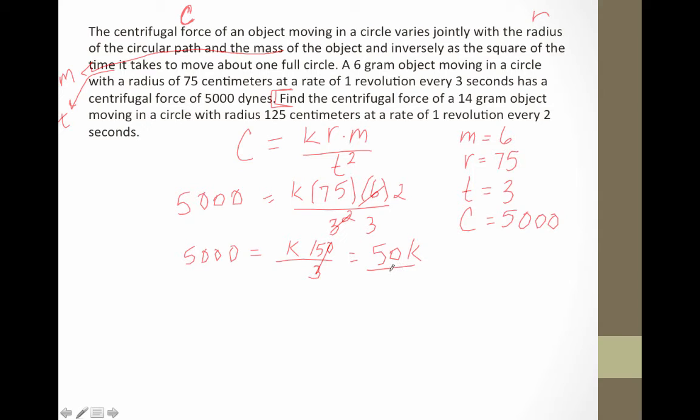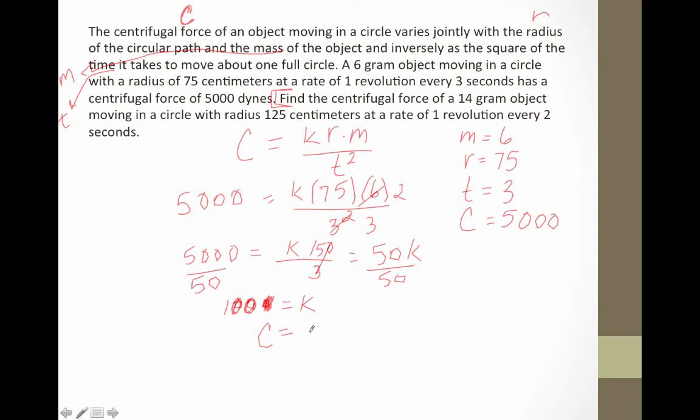So dividing by 50, we get 100 is K. Okay, so, oh gosh, I'm sorry, 100. I'm so distracted by these weird little angular things that my pen's doing. I think I need to adjust my settings.